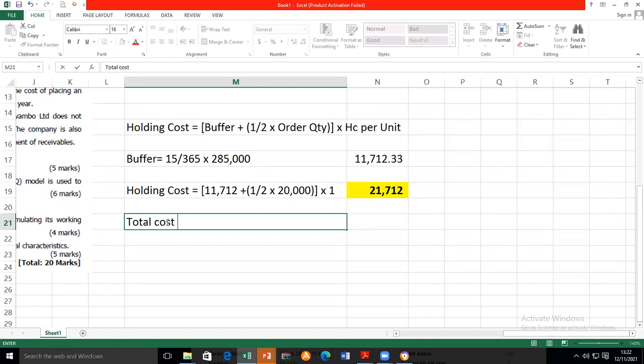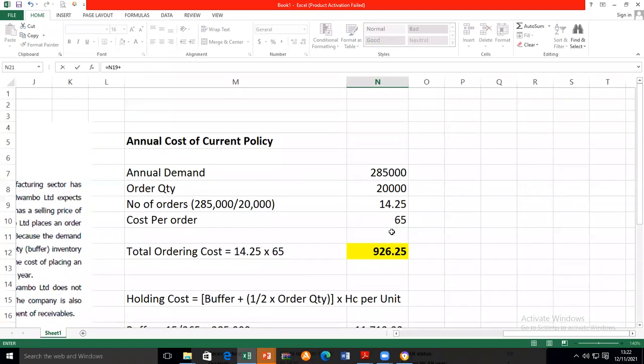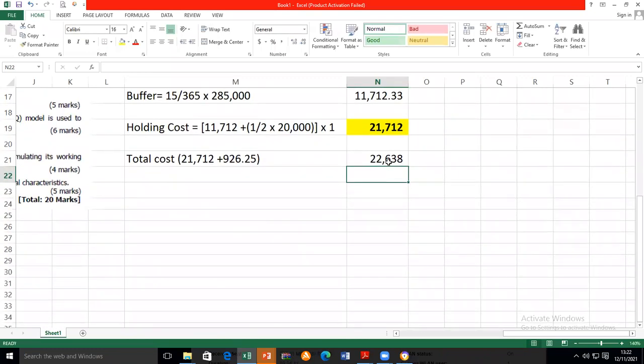Total cost is 21,712 plus 26,926.25. Are we happy with that?